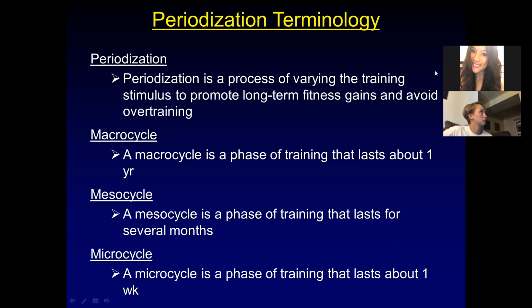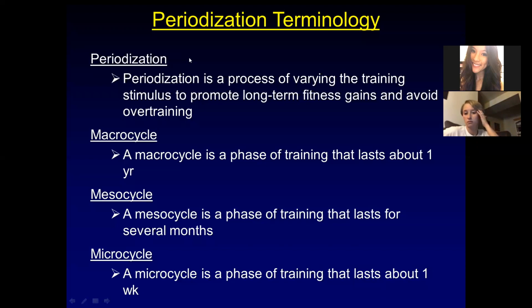Or maybe I'm a track athlete or a swimmer and I have several really big competitions at the end of my season, so even early in the season, I'm going to train in a certain way to help myself peak at the very end. That's the idea of periodization: I'm going to change how I train based upon the individualized goal that I have at a certain time.